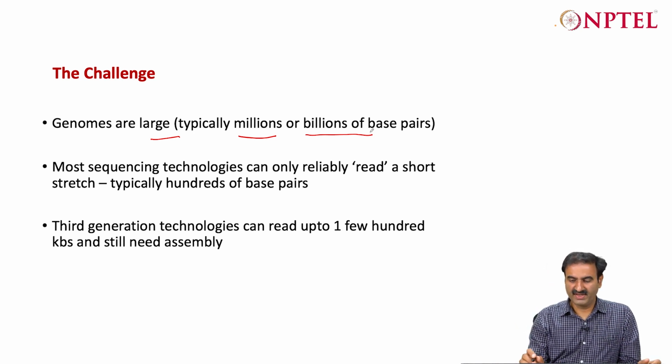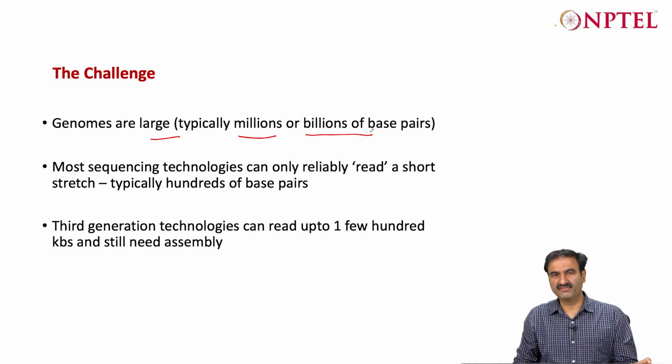These are some of the challenges that are still there because of technological limitations, but things are improving, and now long reads are making it very much possible to construct the entire genome from head to tail.